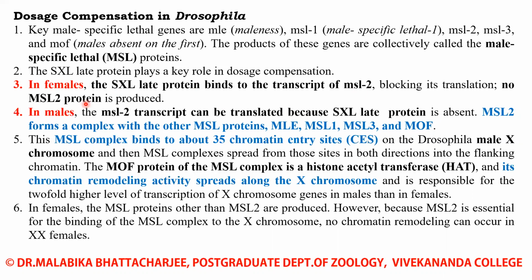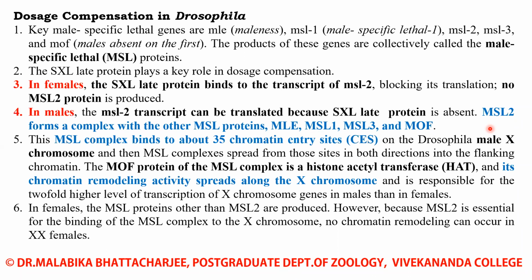The moment the MSL2 is translated to produce the MSL2 protein, it now forms a complex with the products of the other male specific lethal genes, the MLE, MSL1, MSL3 and MOF. These complexes now are just like, as you saw in the X inactivation center, where the RNA recruited certain chromatin remodeling complex.